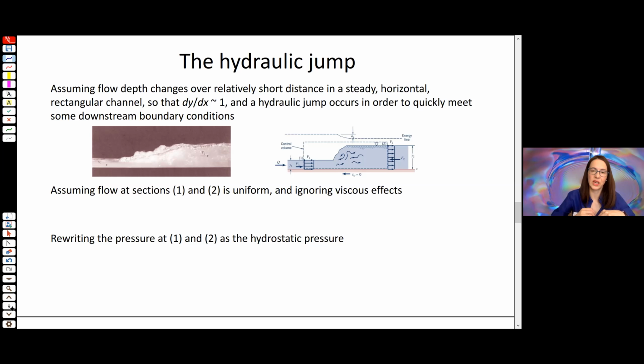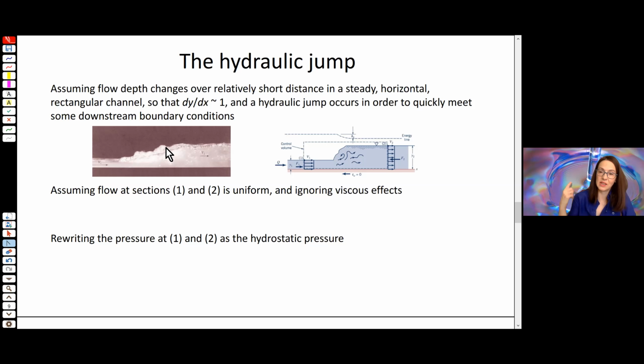This happens in steady flows. It's not because someone sent a shock from upstream to downstream, although you could see something that looked like this because of some unsteady phenomenon. But hydraulic jumps are a steady phenomenon. You've got a steady flow, and at some point the height of the fluid just increases.